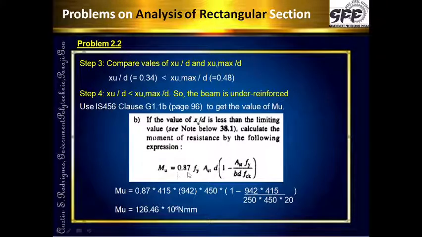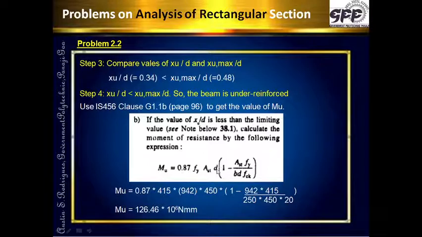Mu = 0.87 fy Ast d (1 − Ast fy / b d fck). So Mu is equal to 0.87. Fy, the grade of steel which we are using, the yield stress of that is 415. Ast, which has been already calculated, is 942.